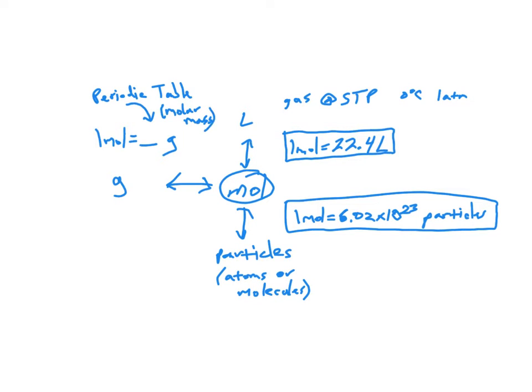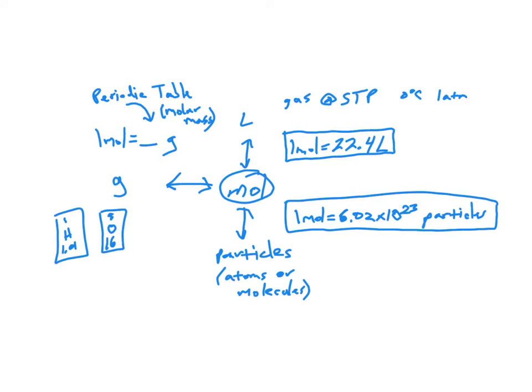Okay, and so for example, if we were dealing with water, if we look at hydrogen, hydrogen has a 1 on top for atomic number, and then 1.01 is the average atomic mass, and then oxygen has an 8 up here, and then a 16 down here.